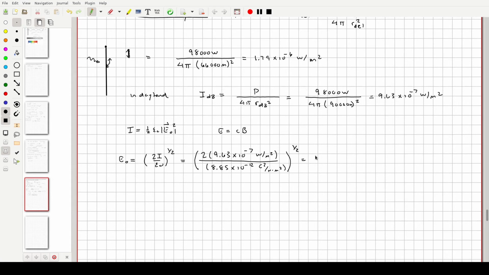To the 1/2. All right, so let's see what we got there. Take this, multiply it by 2, divided by 8.85 times 10 to the minus 12th. And then I'm going to take the square root of that. And I get 466 newtons per coulomb.